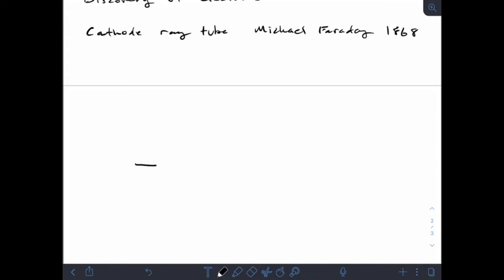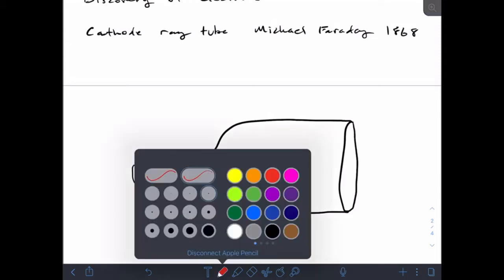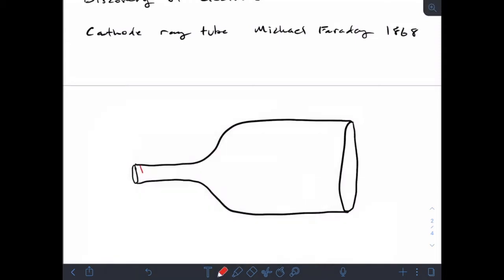And so what you have is a glass tube, and some of them look like sideways bottles. I'm going to try and draw one here. At one end, let me use some different colors, that'll be helpful. On one end you have a metal band and another metal band.